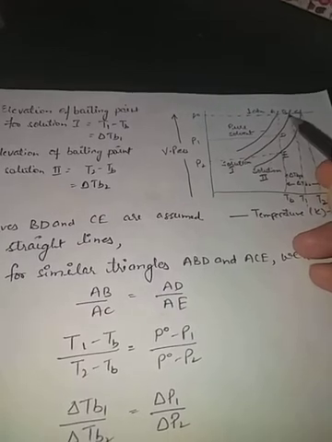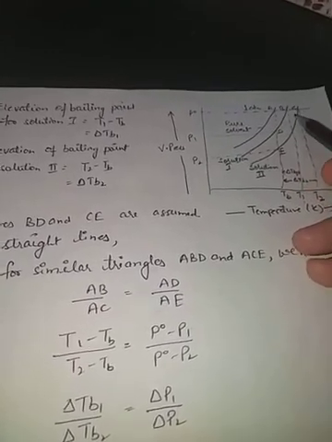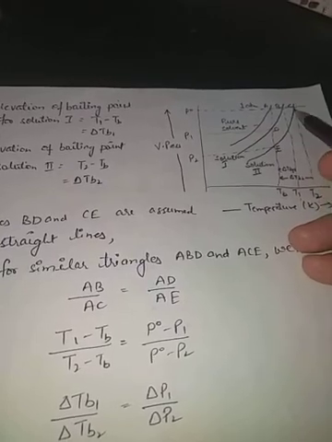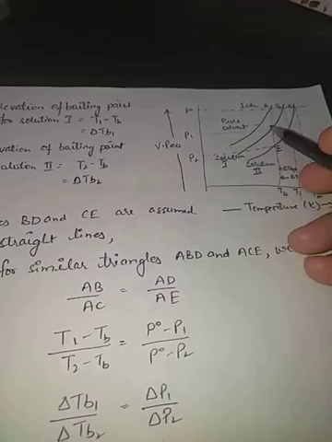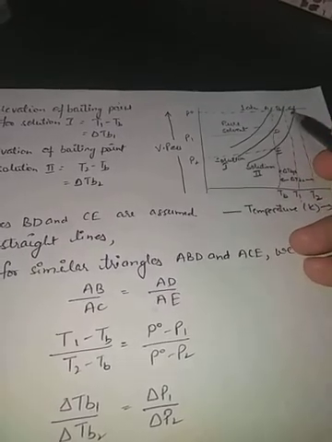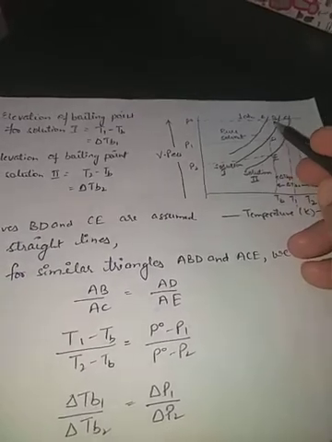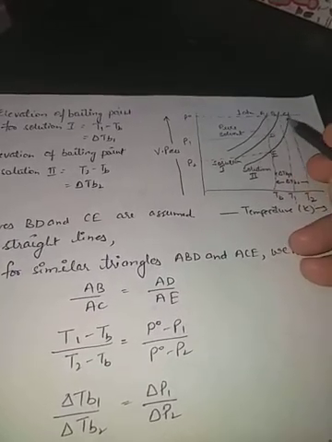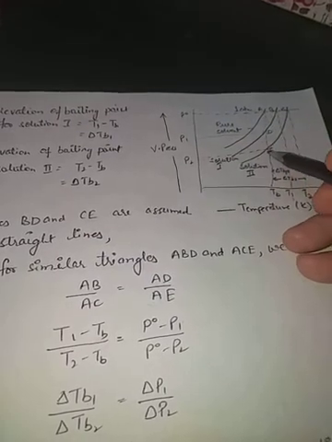Suppose this BD, which is a curve here, is a straight line and this is also a straight line CE. Then in triangle ABD and triangle ACE, AB upon AC is equal to AD upon AE.